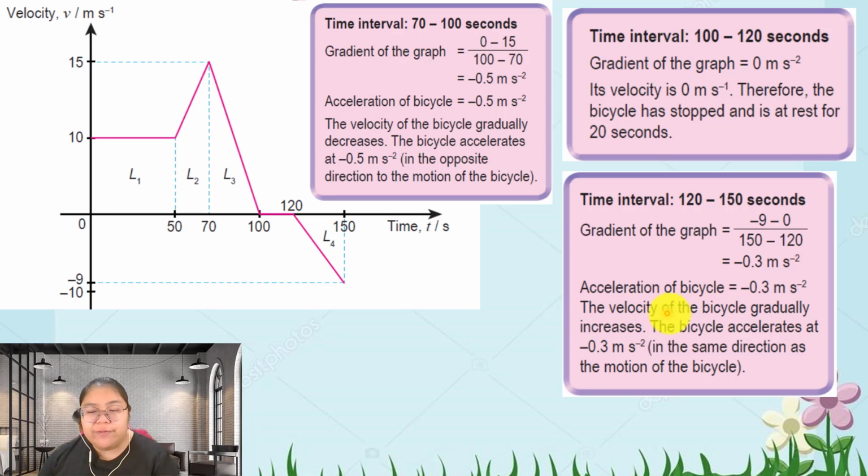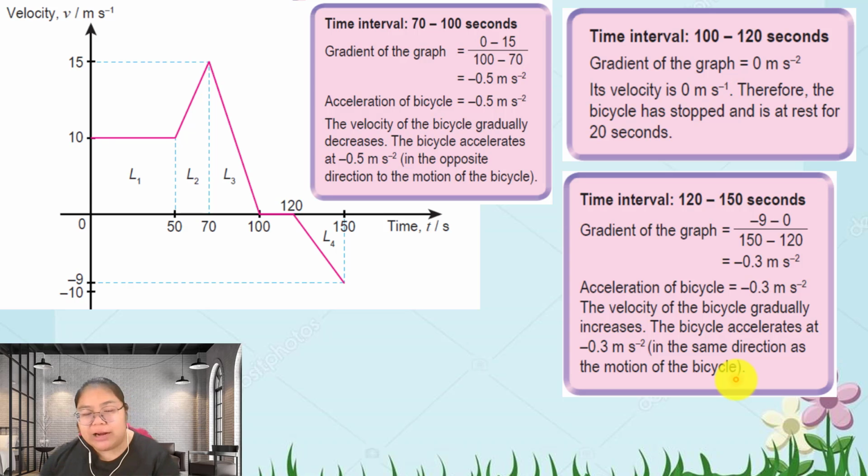So the velocity of the bicycle gradually increases. L3 gradually decreases, but L4 gradually increases. The bicycle accelerates at 0.3 in the same direction as the motion of the bicycle. So that means the direction is of the motion.